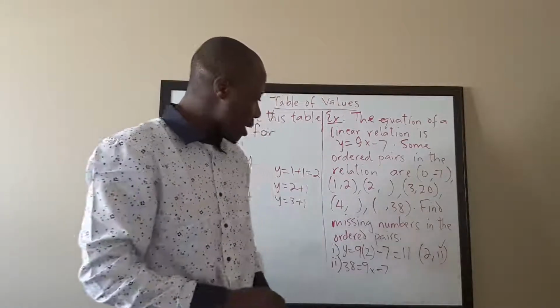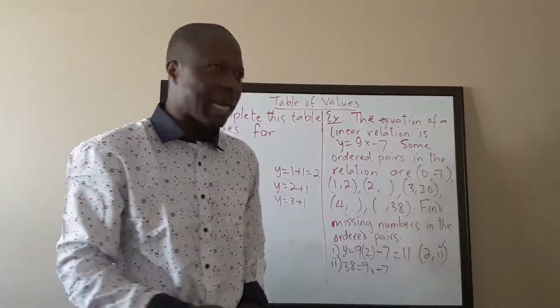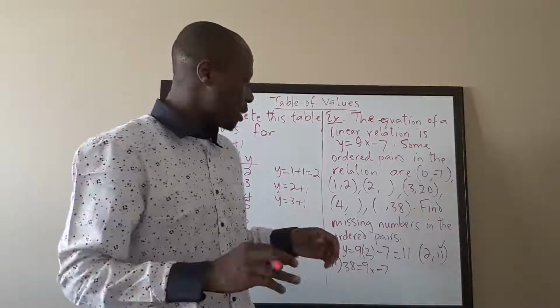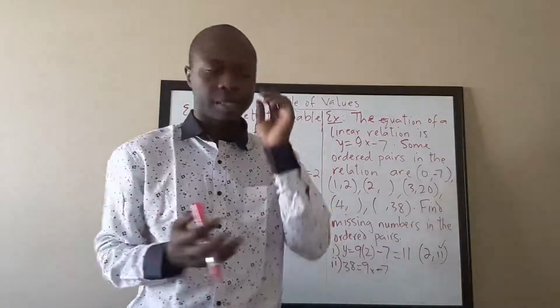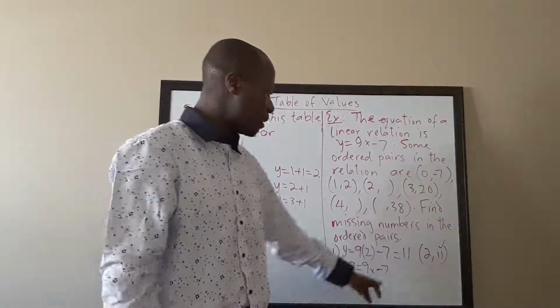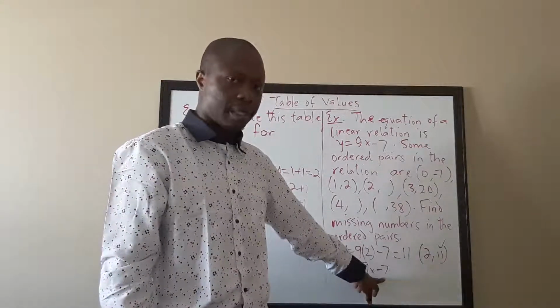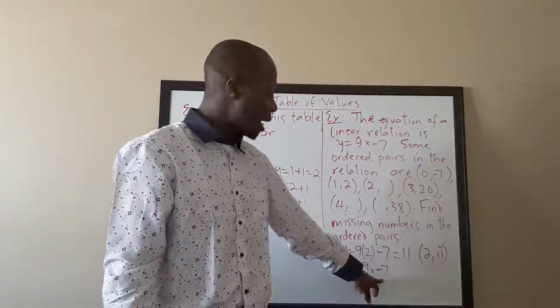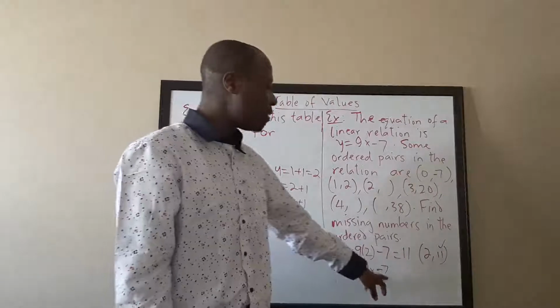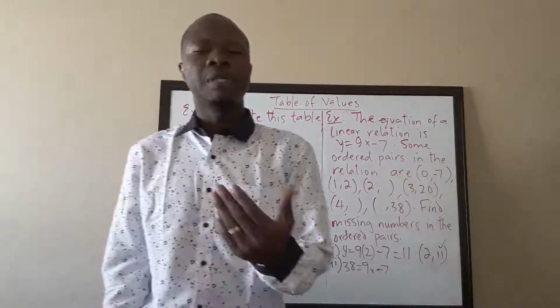So again, we're going to try and get rid of everything around x, so that will be our final answer. And remember, you have to get rid of this one first. It is not attached to x, and then you're going to get rid of 9. So minus 7, the opposite is plus 7.